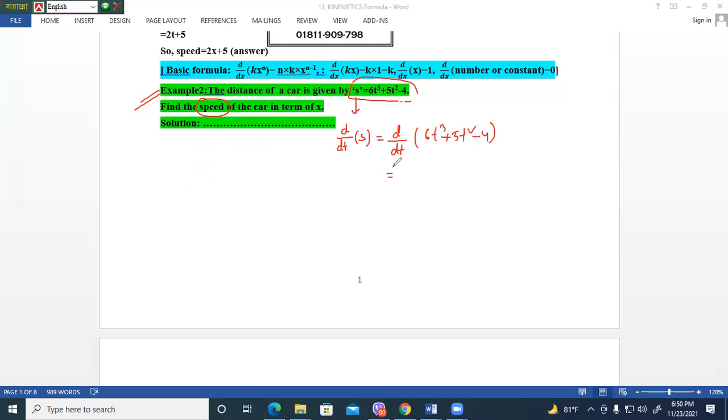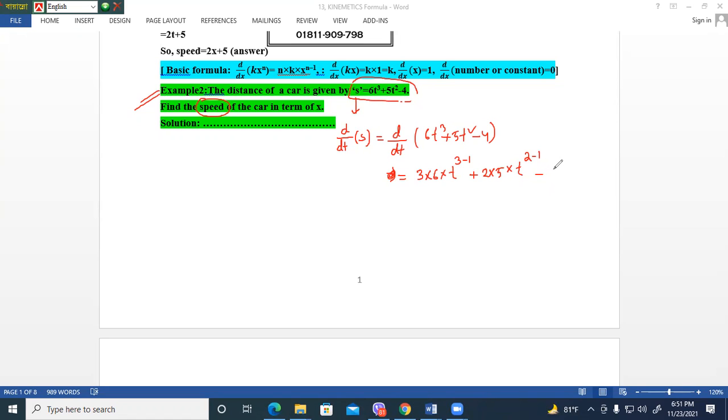Write this one. The power 3 should be multiplied with 6. Then 1 should be subtracted from power 3, so 3 minus 1. Plus, power 2 should be multiplied, 2 multiply 5, and then 1 subtracted from power 2.